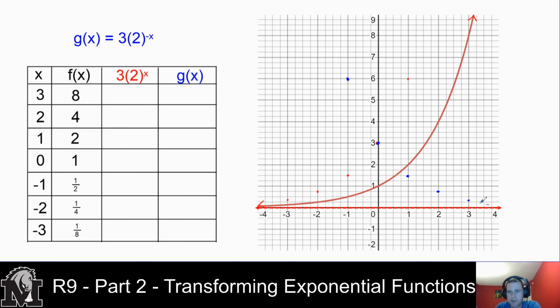And we connect these points with as smooth a curve as we can make. Make sure there's arrows on both ends. And we can't forget the asymptote. Vertically expanding the asymptote, because it's on the x-axis, that really does nothing. And then reflecting it also does nothing. So it stays in the same spot.